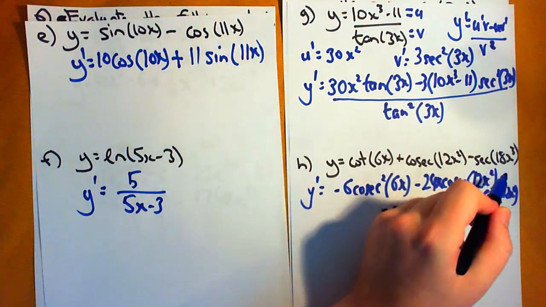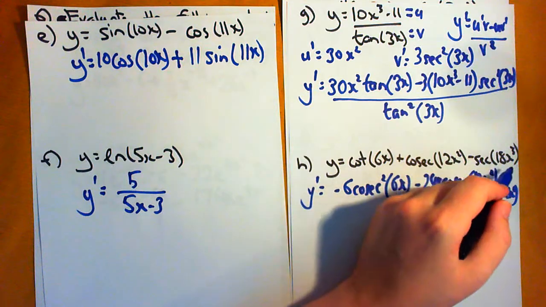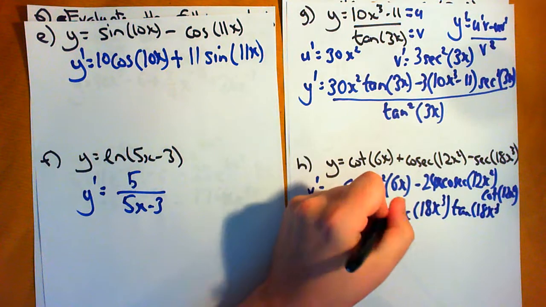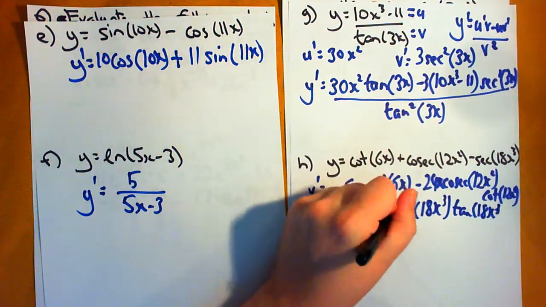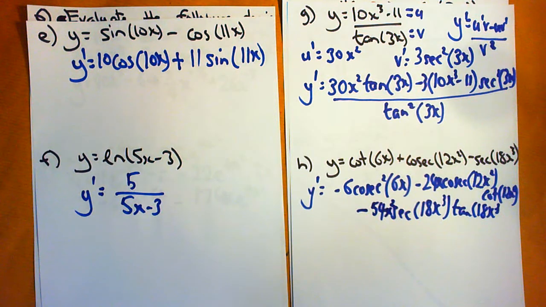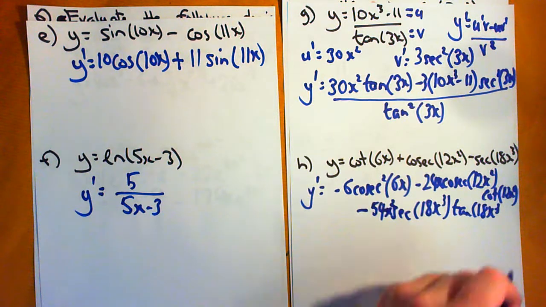And we need to multiply that by the derivative of 18x cubed, which, 18 times 3 is 54, times x squared. Okay, so the derivative of cot 6x plus cosec 12x squared minus secant of 18x cubed is minus 6 times the cosec squared of 6x, minus 24x cosec of 12x squared cot 12x squared, minus 54x squared times the secant of 18x cubed tan of 18x cubed.